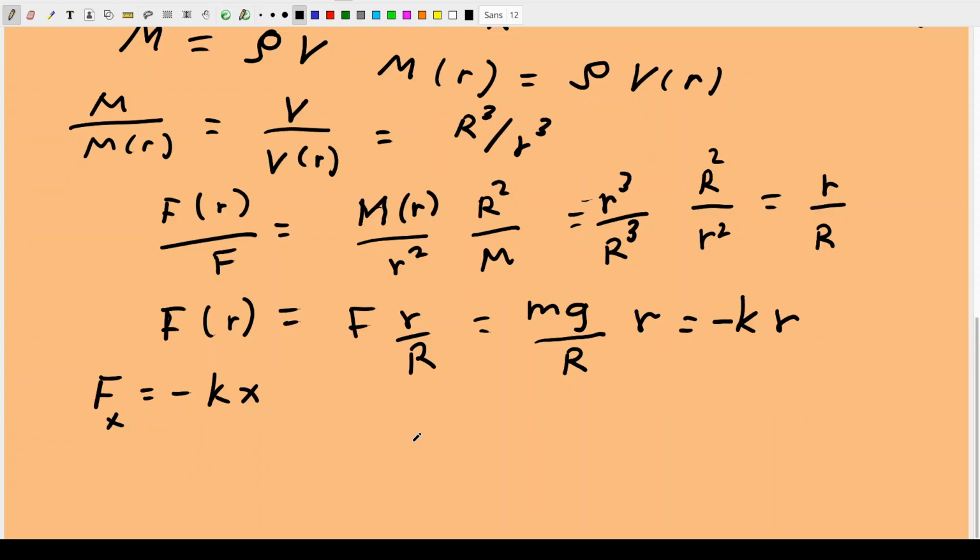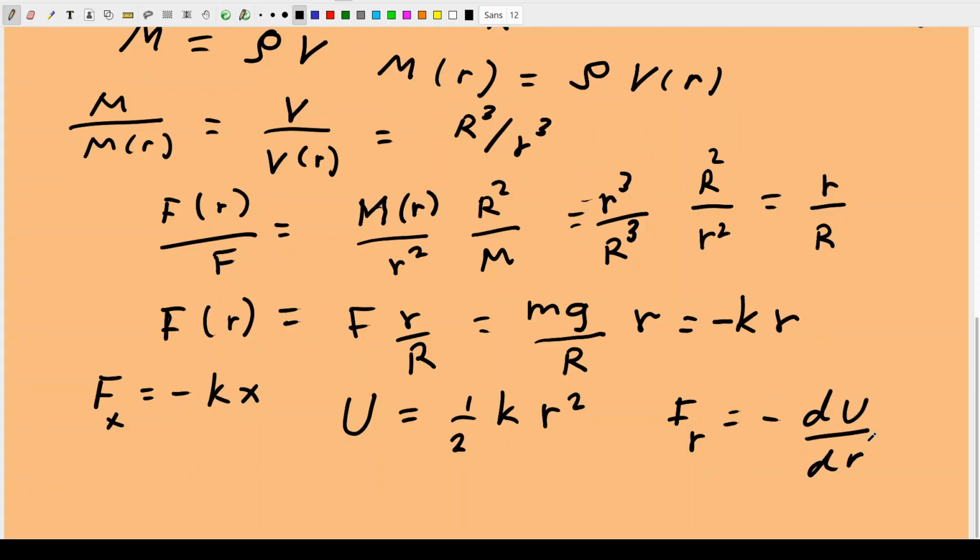And what we can do to quickly find the velocity is use conservation of energy. So what we need to do then, what is the potential? Well, it is this one, one half k r squared. Why? Because the force equals minus dU, the derivative.